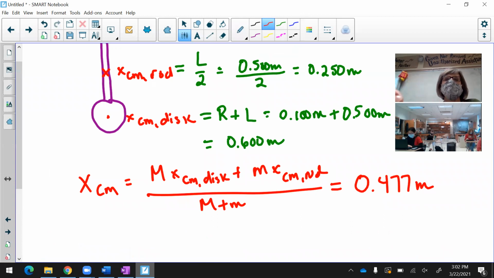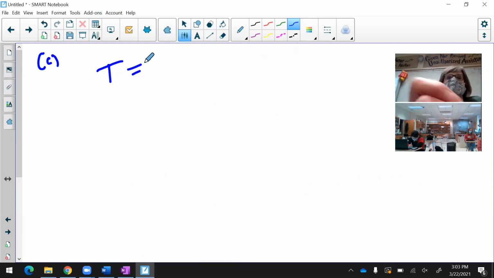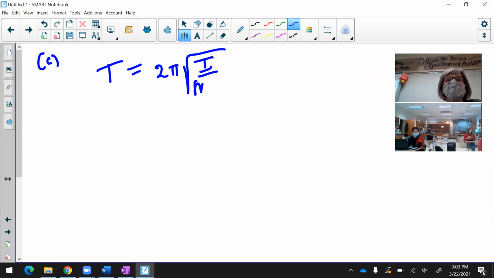All right. So there is in fact a part C, which says calculate the period of oscillation. This is one of the formulas that we had from Friday. So how do I find the period of a physical pendulum? 2 pi times the square root of I divided by M times g times h.